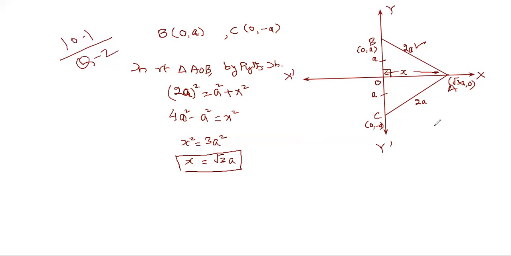Okay, but in the question they have given that the midpoint of the base is at the origin. So this triangle can be on the left side, because they have not said that it is on the right side. So it can be on this side also.